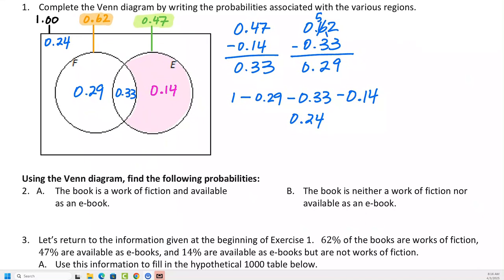So then you can see in problem 2, use the Venn diagram to find the following probabilities. This time we're looking for the probability that the book is a work of fiction and available as an ebook. So what part of the graph would represent work of fiction and available as an ebook?